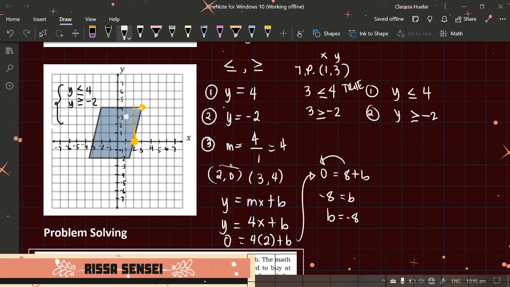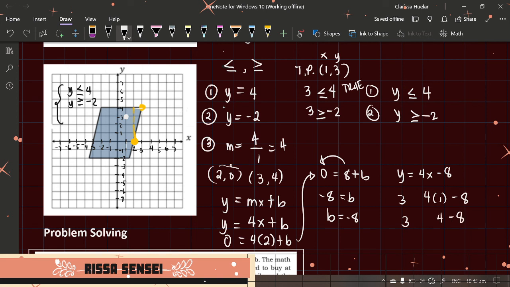Okay? Palitan lang natin to. Ngayon, ang ating equation ay y equals 4x minus 8. Now, let's decide whether we're going to use greater than or equal to, less than or equal to. Ang ginamit natin test point ay 1, 3. So, palitan natin yung y ng 3, palitan natin yung x ng 1, minus 8. Solve muna natin. 4 times 1 is 4 minus 8.